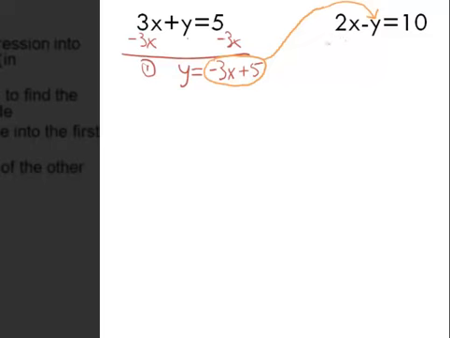So the substitution step says to rewrite this equation, but instead of y, I'm going to put in parentheses negative 3x plus 5. That will look like this: 2x minus, and then in parentheses, negative 3x plus 5. And then everything else stays the same, equals 10. That's step 2, the substitution step.